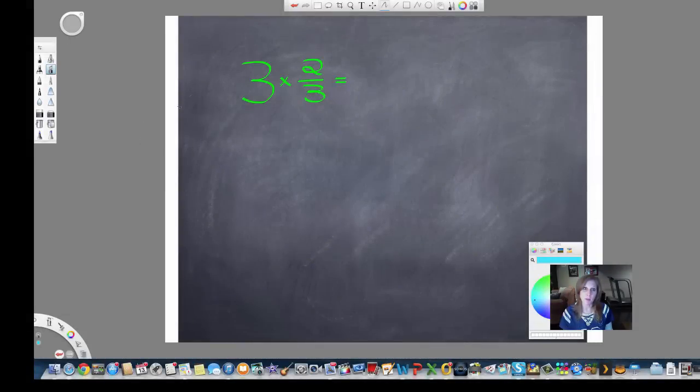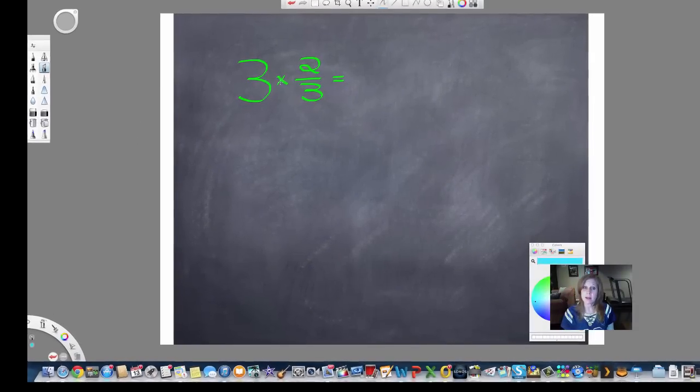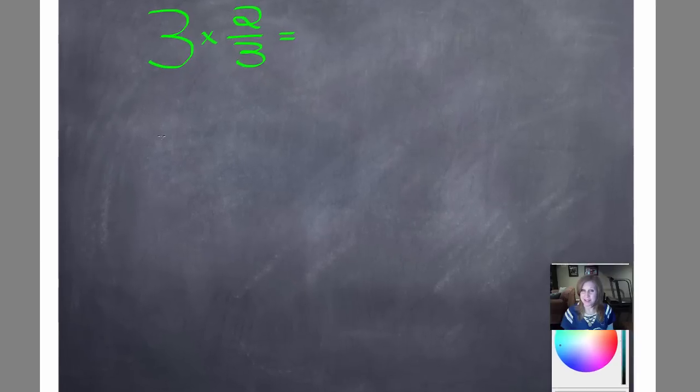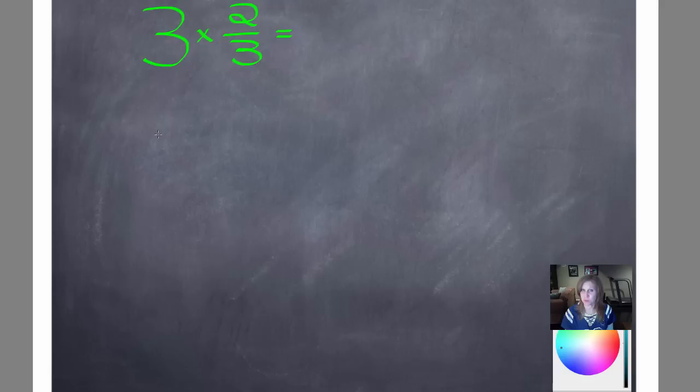So I've rewritten our problem, the whole number 3 times 2/3. So my first step is to write my whole number as a fraction. And to do that, I'm going to need to make an improper fraction because this is really not less than 1. It's 3. So if I write the 3 over a 1, I have it in fraction form. I have a numerator and a fraction bar and a denominator, but I actually have the amount 3.